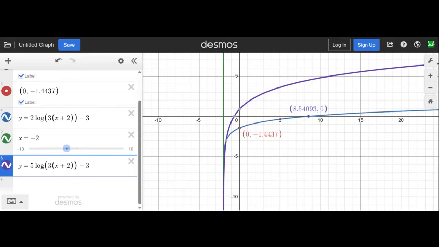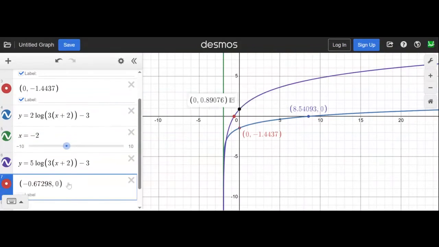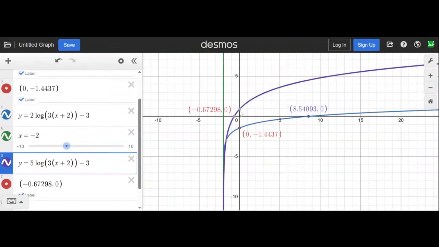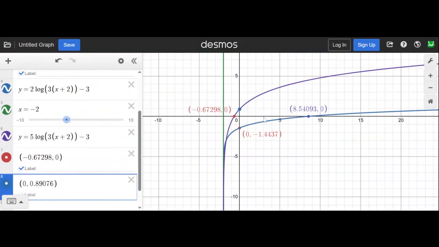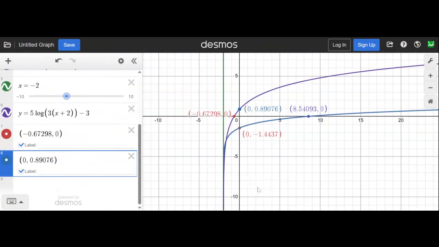And having this, yes, you can see that now the x-intercept became negative, guys. You see that? And the y-intercept became positive. You can put these 2 points and label them. Look at this, guys. I put this point here, I label that.